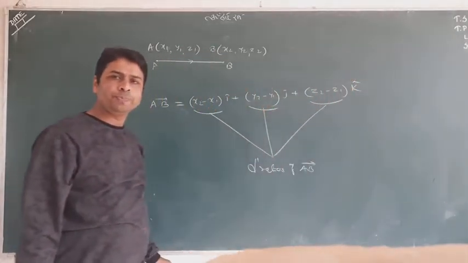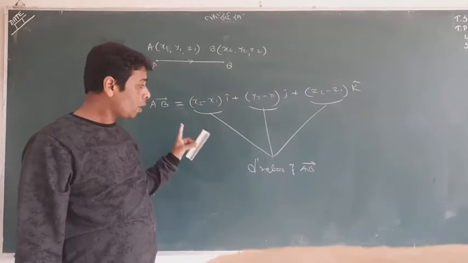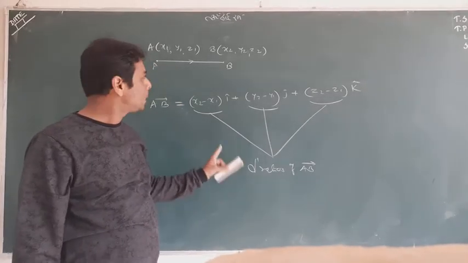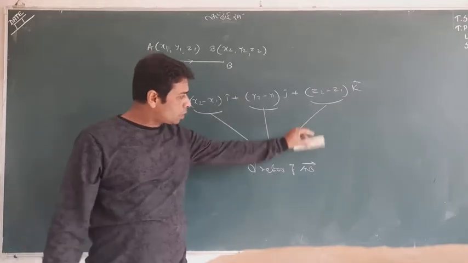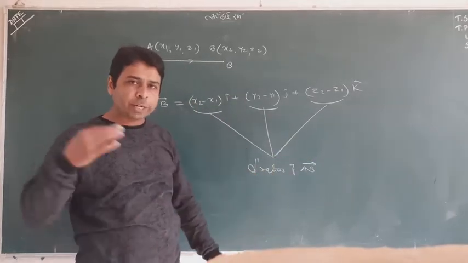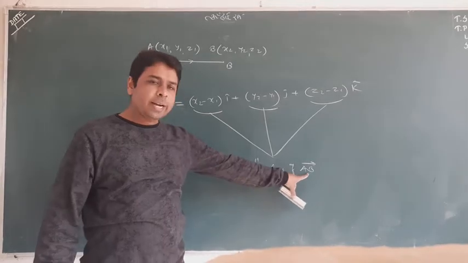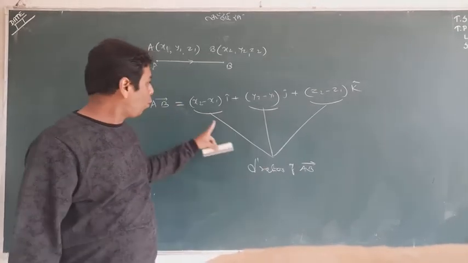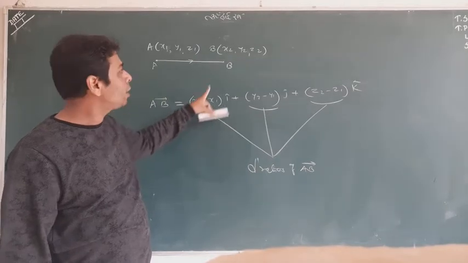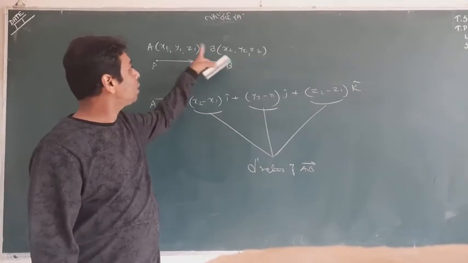Now I will tell you something again about what you are learning here. Can you convert this vector criteria into geometric criteria? Say it is line AB, where before it was vector AB. What are the direction ratios? x2 minus x1, y2 minus y1, z2 minus z1.